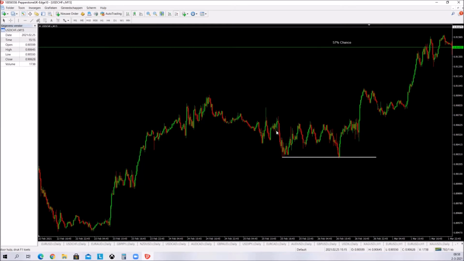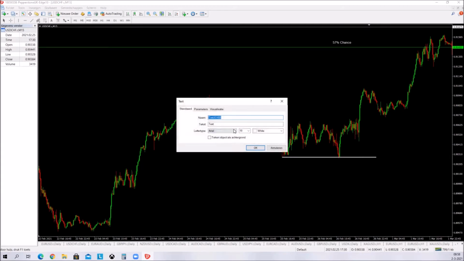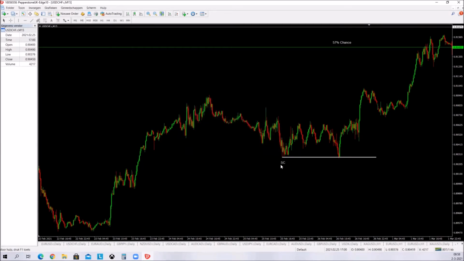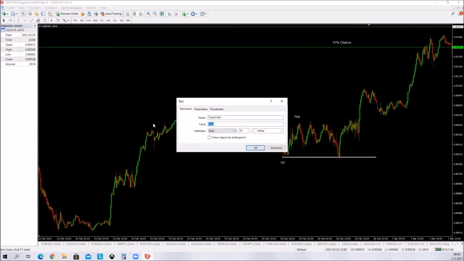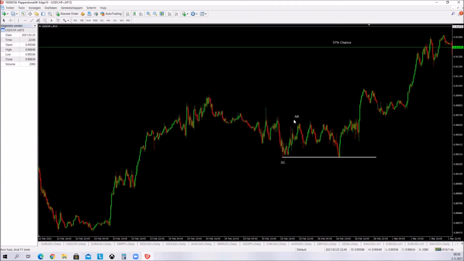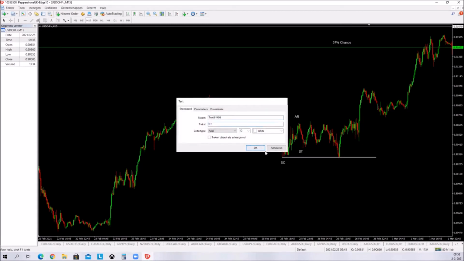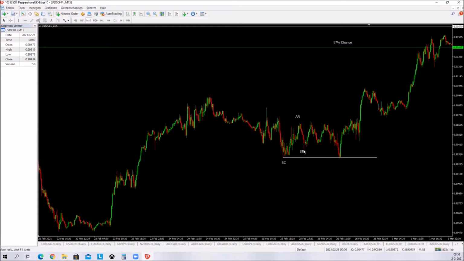First of all, a strong move to the downside, which is a selling climax. Afterwards, we get a strong move to the upside, which is your AR, your automatic reaction. Then you get a secondary test in the range. Then you get another test in your phase B.